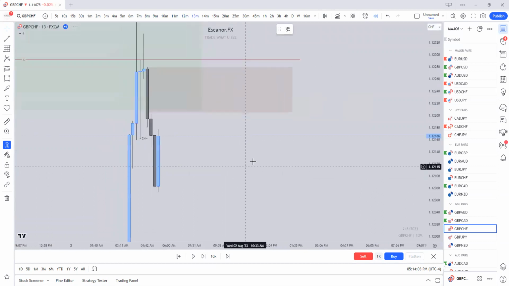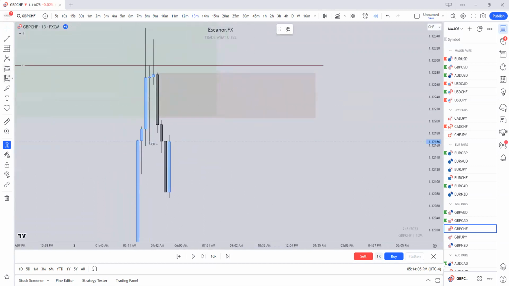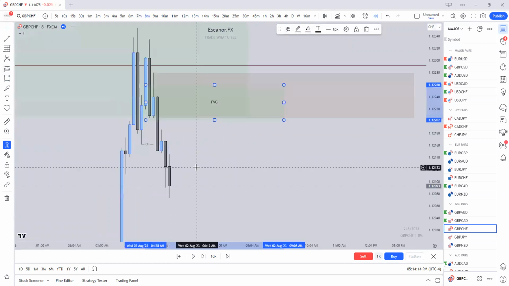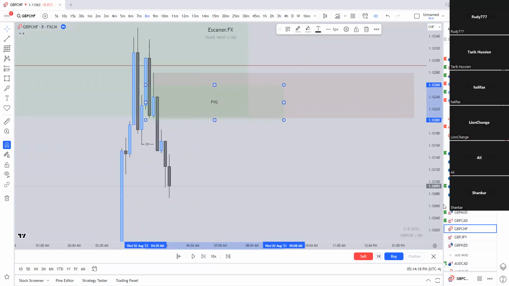On the 13 minute time frame, we have a fair value gap inside the order block. So it's another confluence added to our trade, or to our zone.